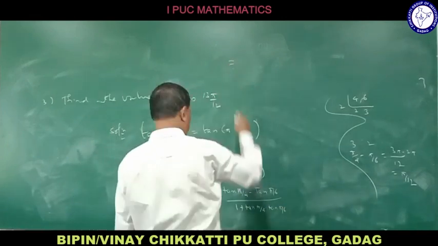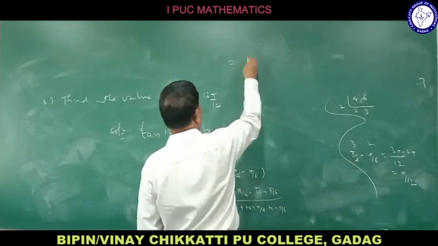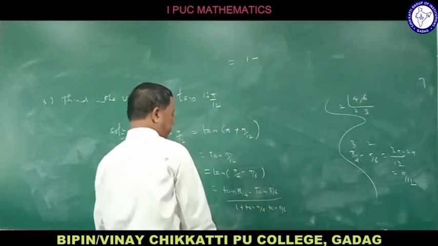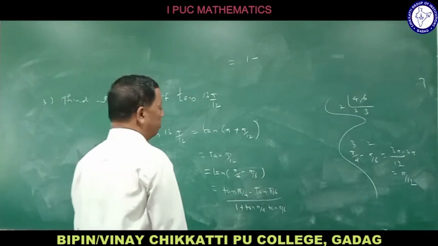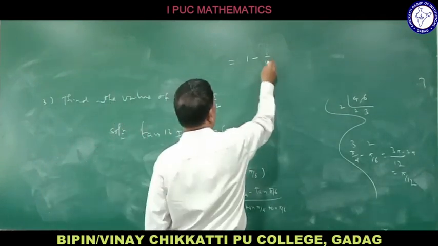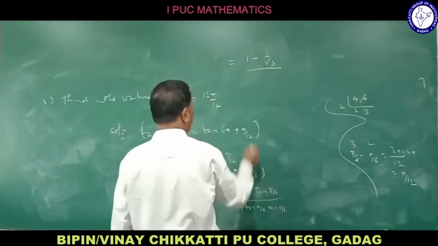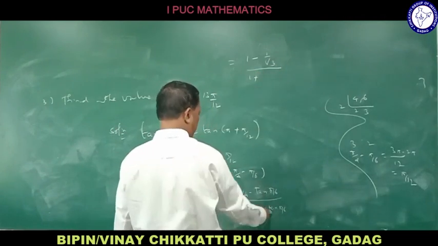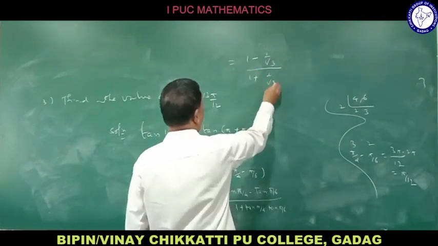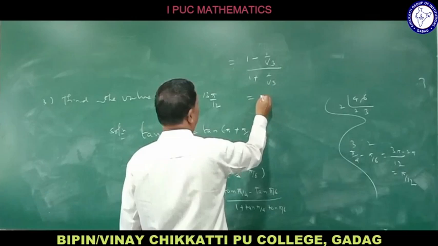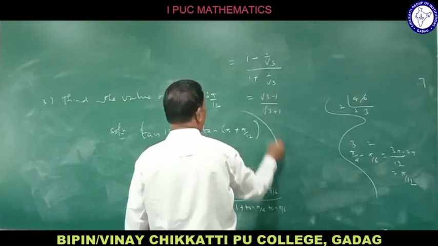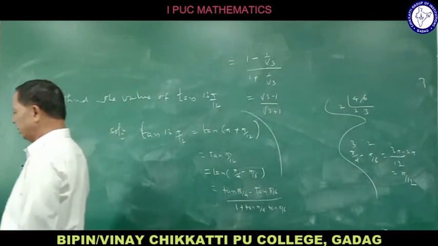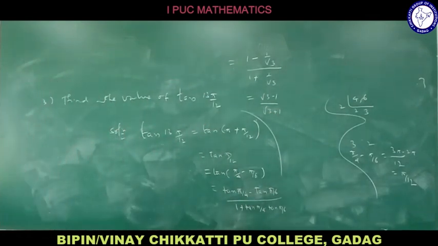Now this is equal to tan 45 is 1, and tan 30 is 1 by root 3, and here 1 plus 1 by root 3. Multiplying, we get root 3 minus 1 divided by root 3 plus 1.